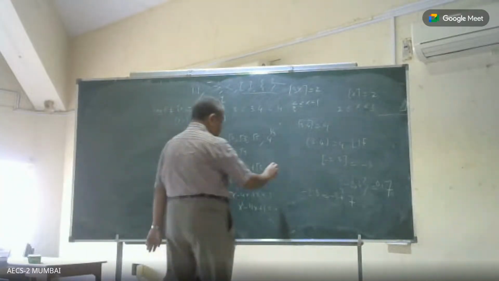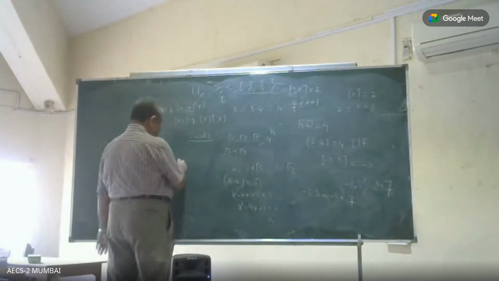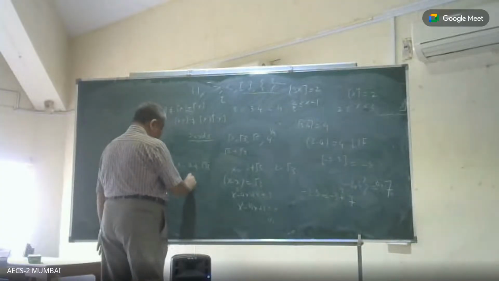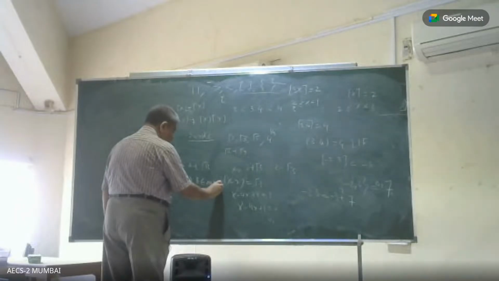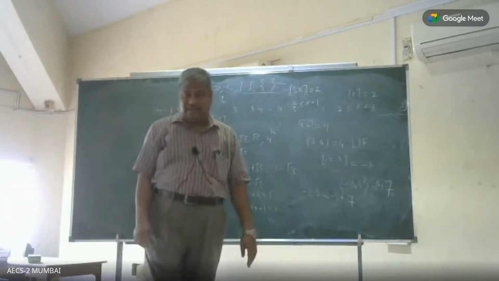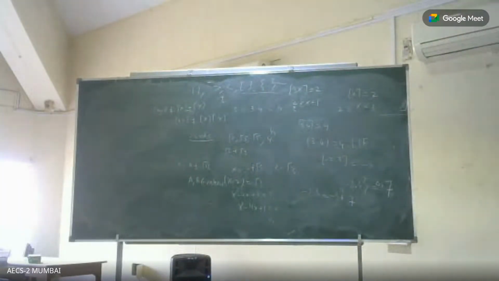So this is called a conjugate surd. And quadratic surd means x is equal to a plus root b, where a and b are rational. So root 3 plus root 2 will not be a quadratic surd. 2 plus root 3 will be a quadratic surd.